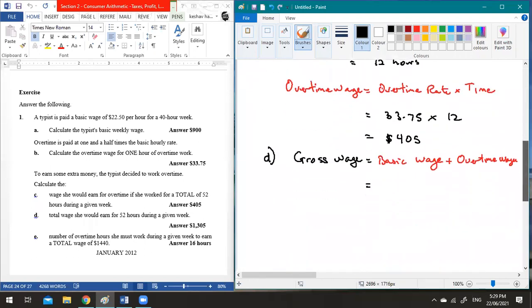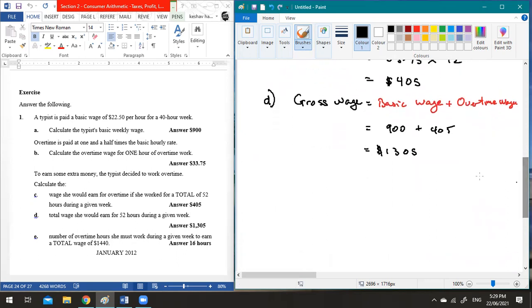That was 900 added to 405 to give us $13.05. Part E, the overtime hours she must work during a given week to earn a total of $14.40.